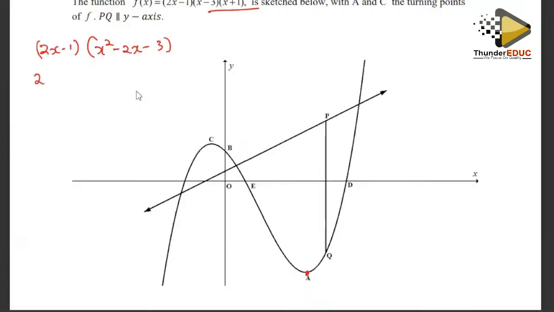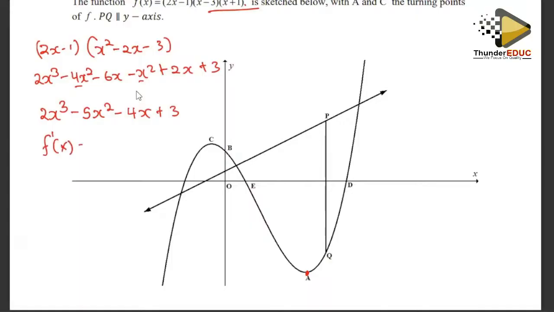Open this up, it's 2x cubed minus 4x squared minus 6x minus x squared plus 2x plus 3. Collect the like terms, 2x cubed minus 5x squared minus 4x plus 3. Then I need to find the first derivative, which is going to be 6x squared. This and that is a minus 10x minus 4.